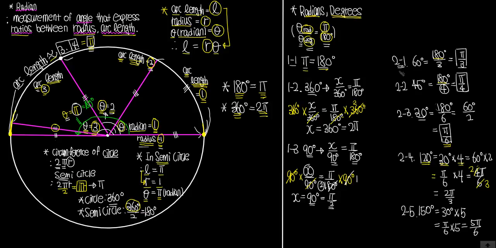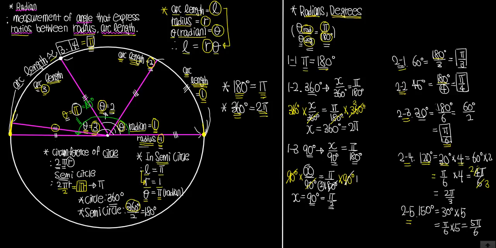In the second way, we used our brain calculation to solve all of these questions. The first one was good for understanding the proportions between the radian and degrees, and the second one was good for solving or converting them faster.